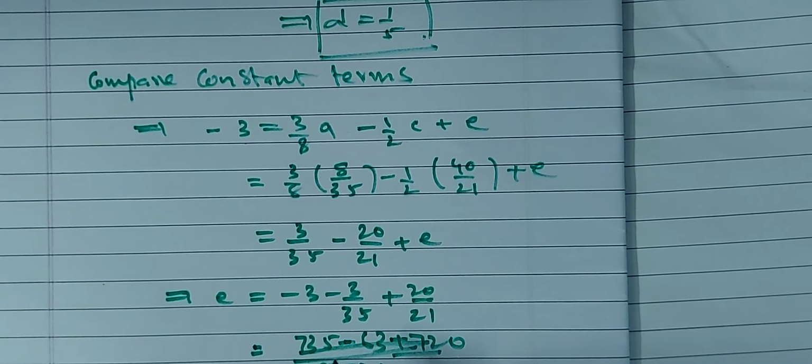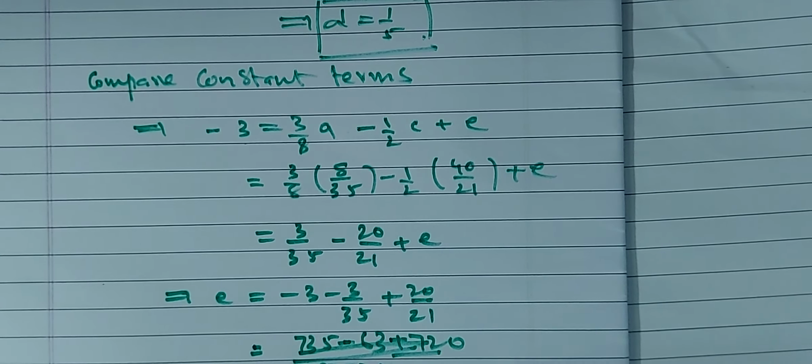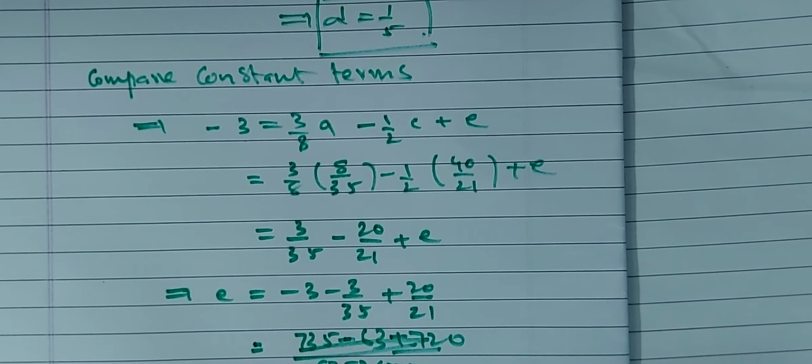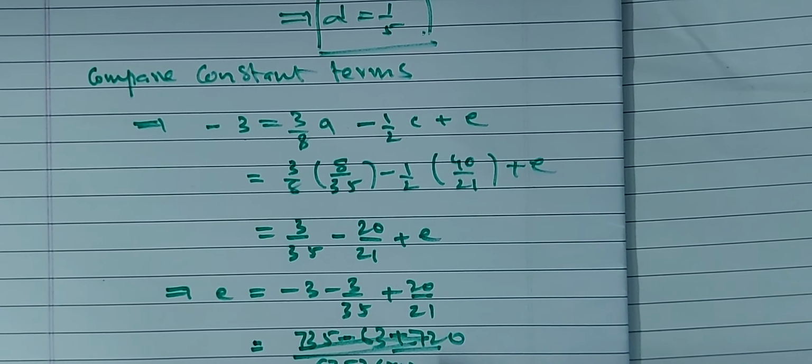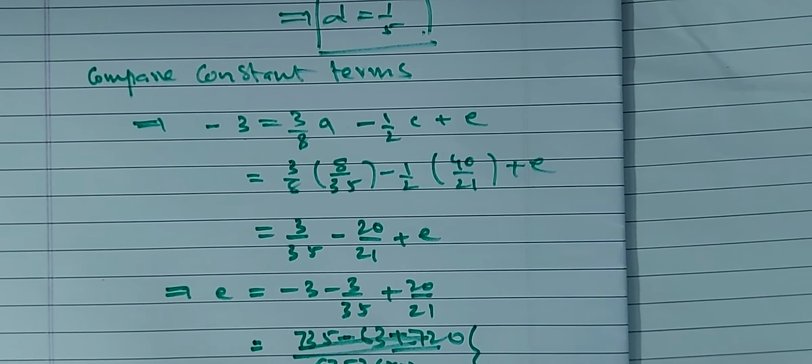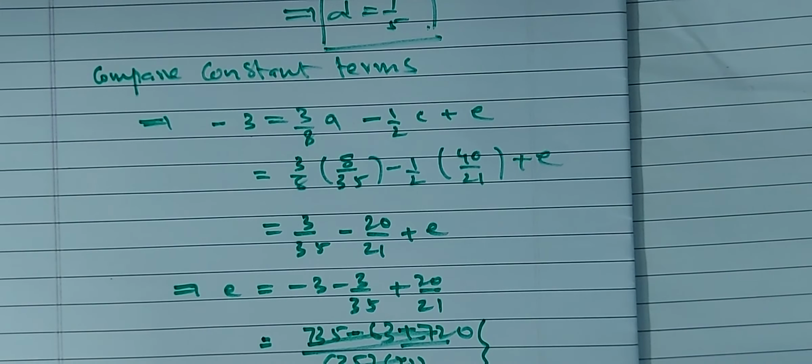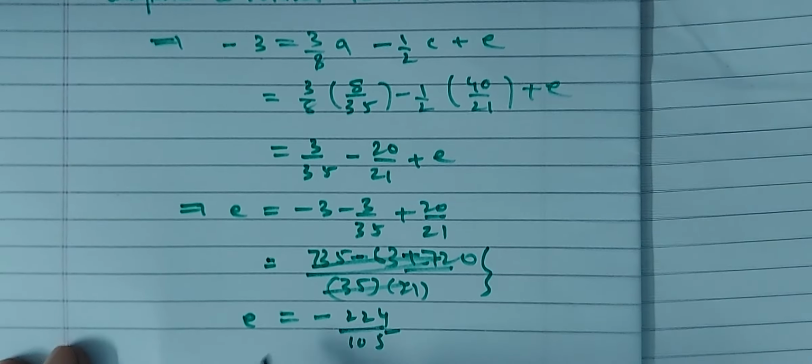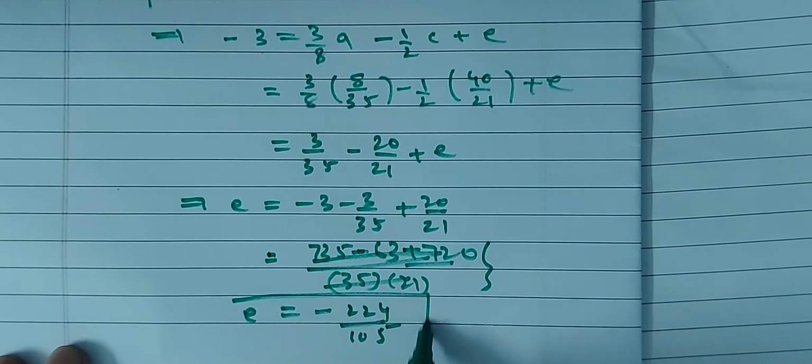Later on, I will write the E value directly after the total simplification. E value may be minus 224 divided by 105, because all the steps you can simplify. This is the E value.